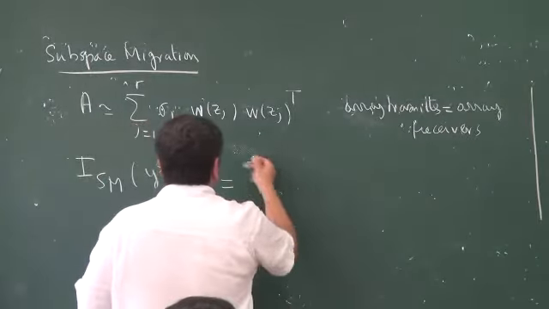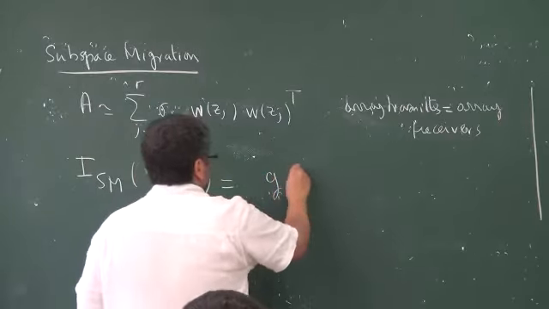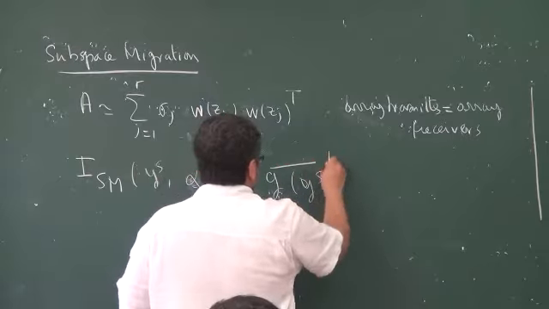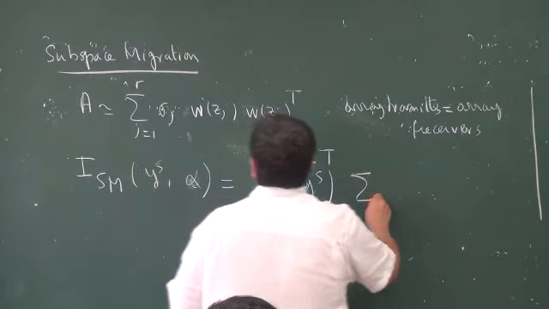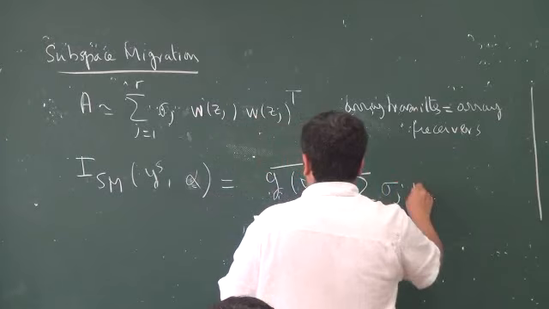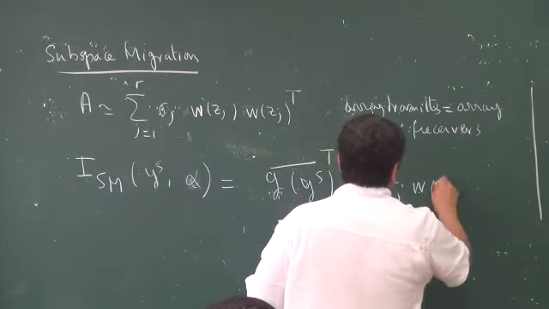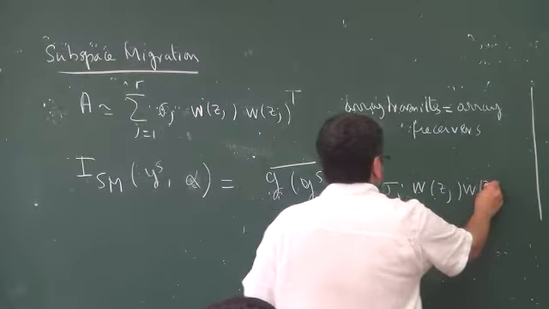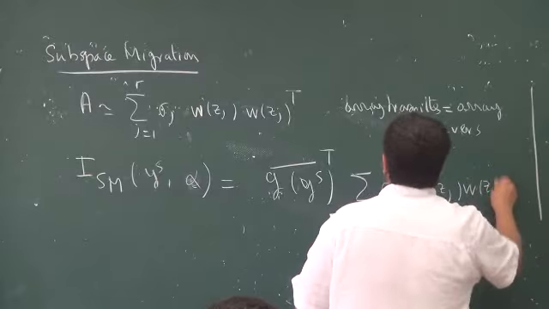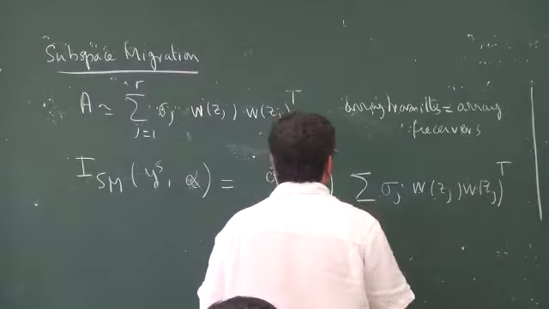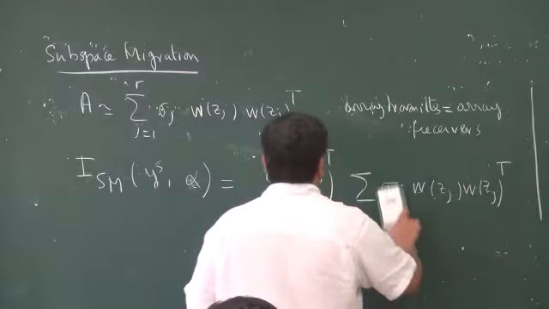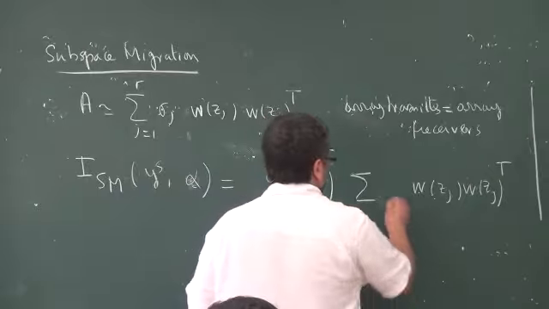Which is this: we compute G of YS bar transpose, the sum of sigma G W Z G W Z G transpose, and we multiply, actually instead of WG, with some weight alpha G.